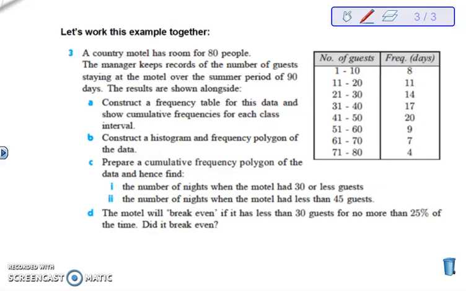In this case, we did 80 people as our sample. We're going to have our data, number of guests, and the frequency based on the number of days in our table. We want to show the cumulative frequency for each class interval.